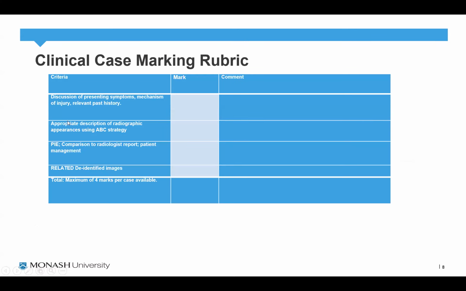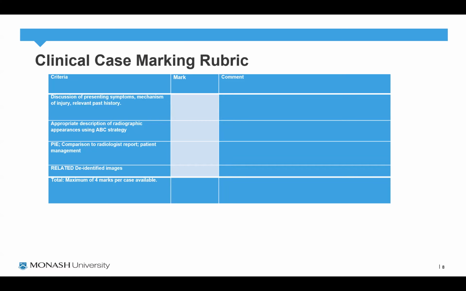So in your case report, this is just a summary. For the presenting symptoms, you are encouraged to use the ABC search strategy while you are scrutinizing your images. However, when you write up your PIE, you don't have to go through the whole of the ABC. Otherwise, your word count will become too long. So what you need to do is focus.